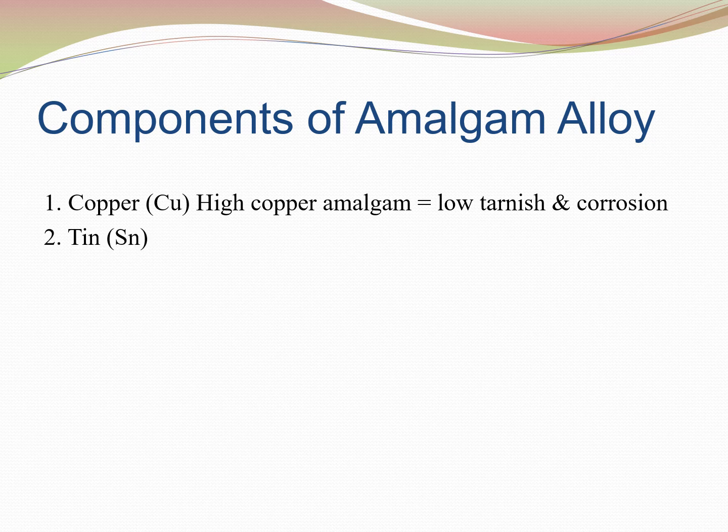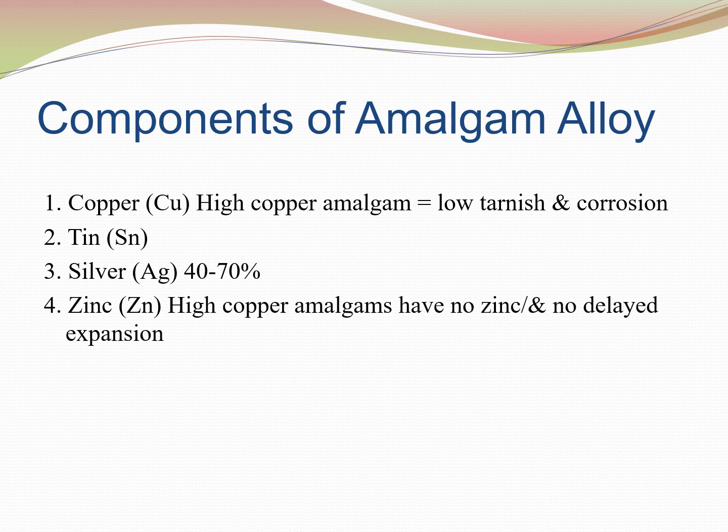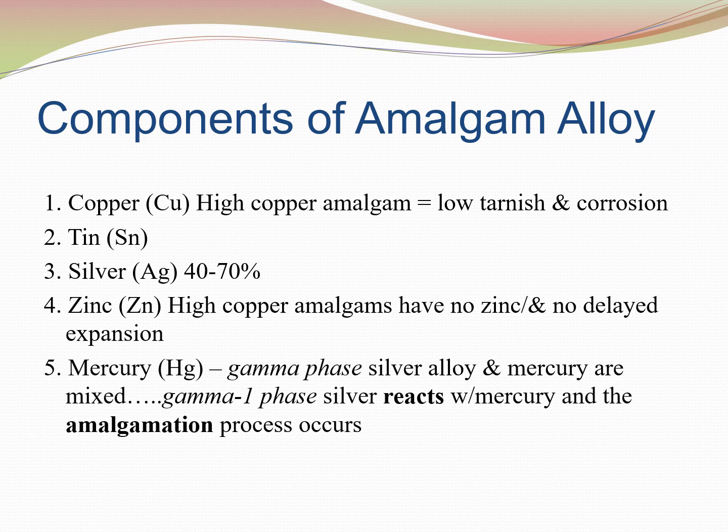We have aspects of tin, silver, of course, which is 40 to 70%, zinc, and high copper amalgams. That's why they do not have zinc added to this, because there is no delayed expansion that can cause issues with occlusion or breakage of the tooth. And then mercury.